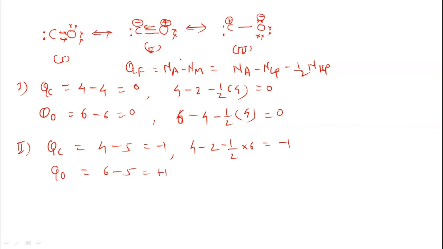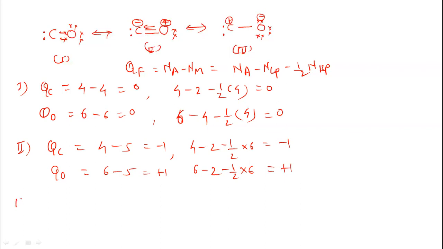By using this formula also we can calculate: 6 minus number of lone pair electrons, only 2. It is necessary that we draw the structure, and then we can calculate the formal charge. Minus 1 by 2 into number of bonding pair electrons, 2 plus 2 plus 2, 6. So into 6, it is 3. So 6 minus 5 is equal to plus 1. So formal charge on the oxygen atom is plus 1 here.